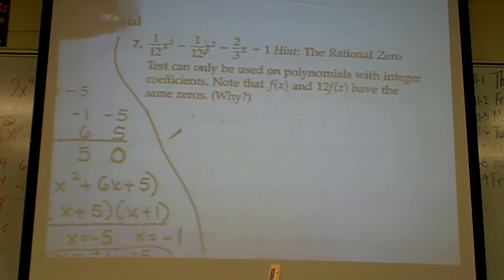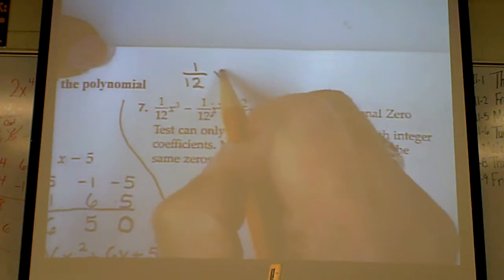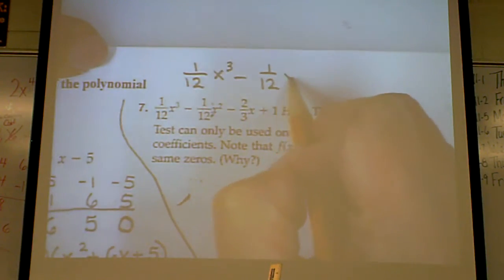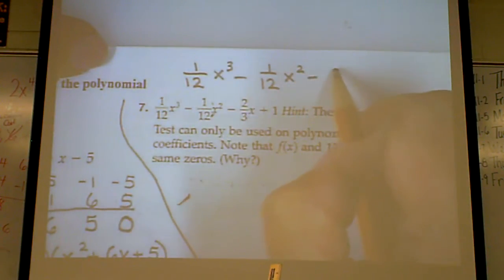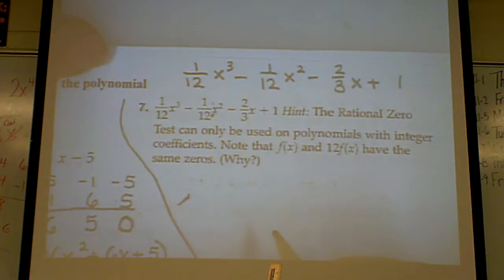What is up with this problem? We have 1/12. We have 1/12. We have 2/3. And we have 1. What are we gonna do with this problem? Multiply by 12.